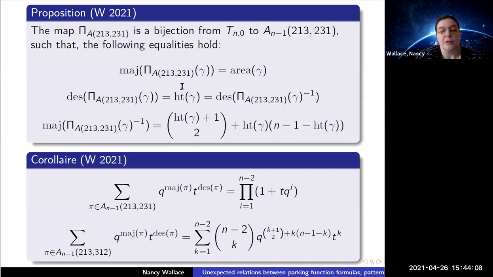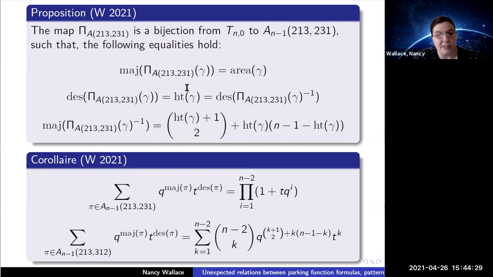So this is a bijection, and it preserves the major index and area. So the major index for the permutation we obtain by doing this is the same as the area.